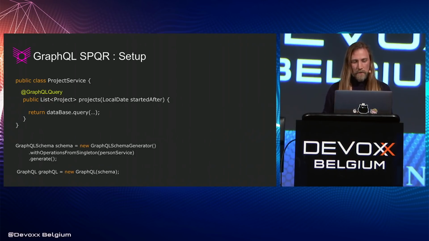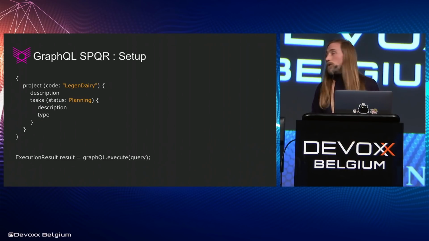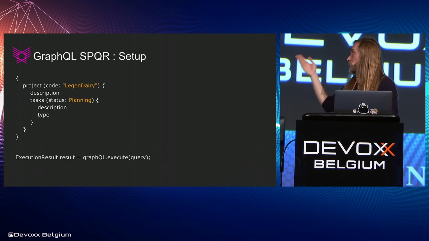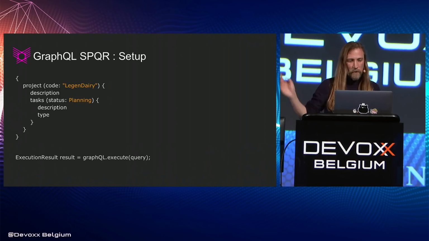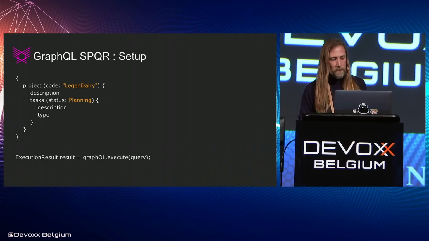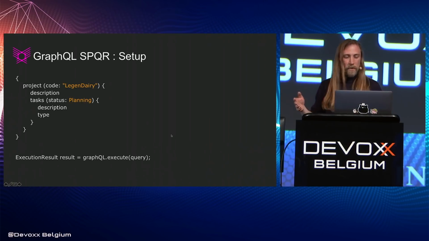And that's it, actually. This is all you have to do. Now you can start querying it. So you could have a query like this, as we said, a project and code legendary, and it has description and tasks and the things you're interested in, and then you can execute this immediately. So you can call GraphQL.execute, give this query as a string, and you will get a result back. And this result you can then serialize to the client, and that's it. You're done.